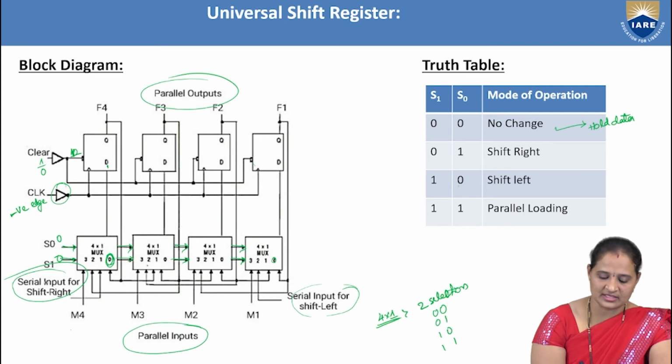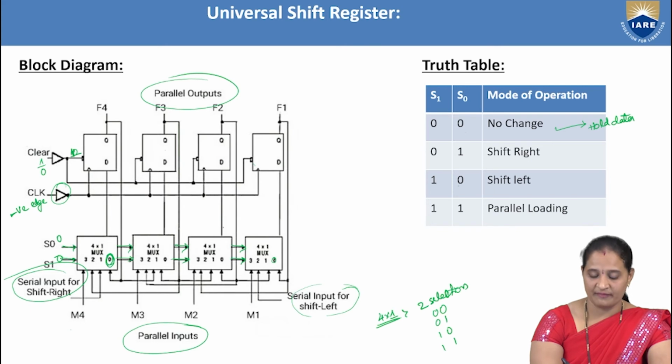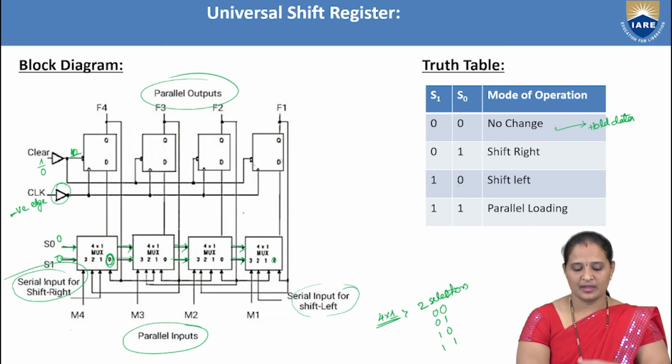Next, again it is the 0th line. The third flip-flop is also connected to the 0th input of its mux.